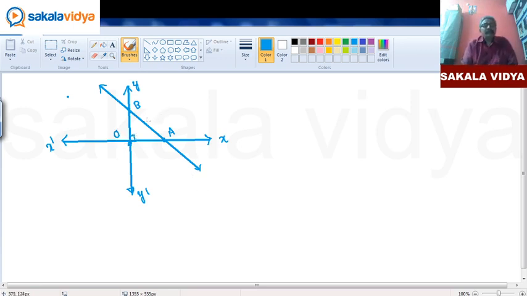Now P is the point. The line passes through P of 3, 4. So what we need to find is the minimum area of this triangle.